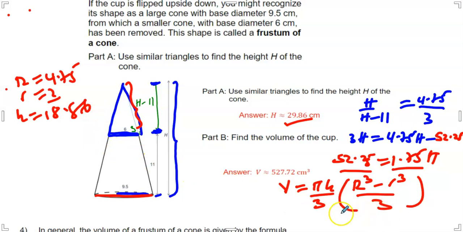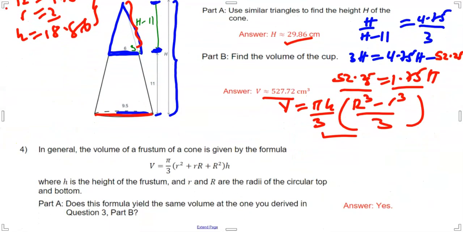When we put all this in this expression, we get V equal to 527.72 cubic centimeters.